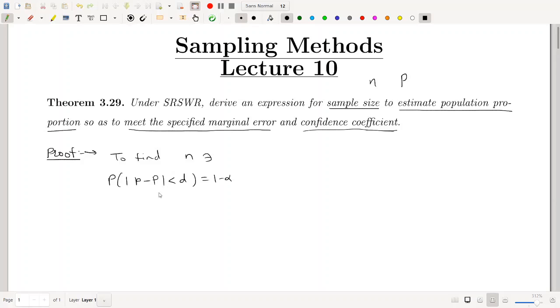Capital P means your parameter and small p means your statistic. So this is your marginal error, mod of statistic minus parameter. This is specified, meaning this is less than d. And for specified confidence coefficient, probability of this less than d is equal to 1 minus alpha.